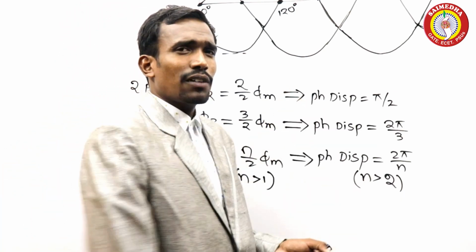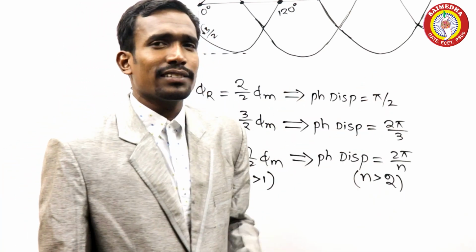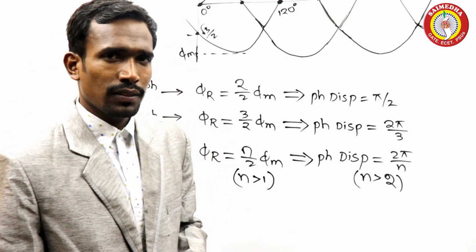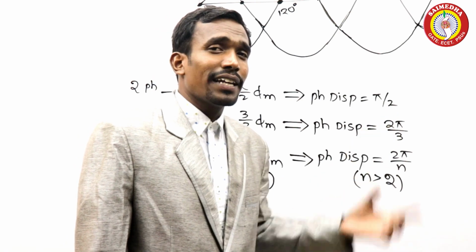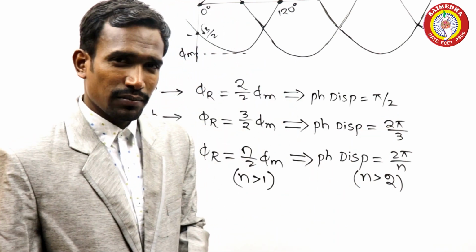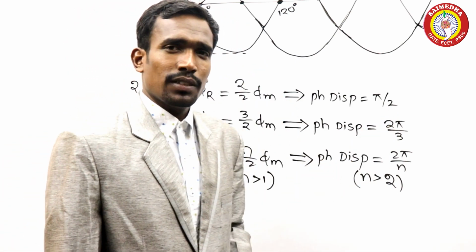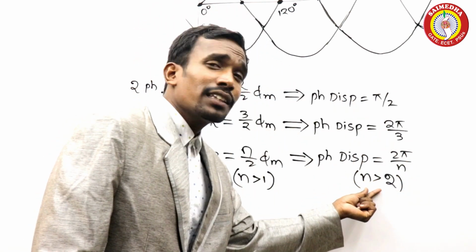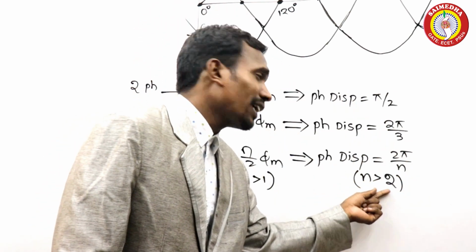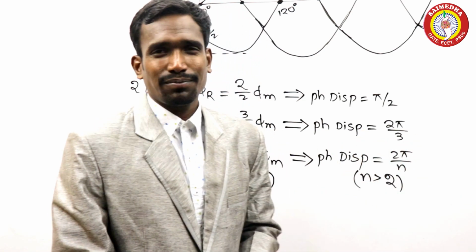For a 2-phase system, the phase displacement is 90 degrees or pi by 2 radians. For a 3-phase system, it is 2 pi by 3 radians or 120 degrees. For an n-phase system, it is 2 pi by n, where n is greater than 2.